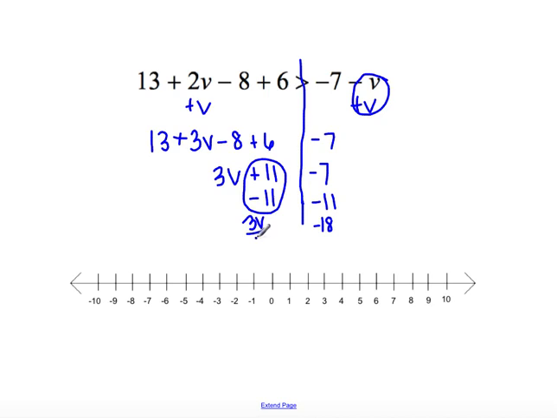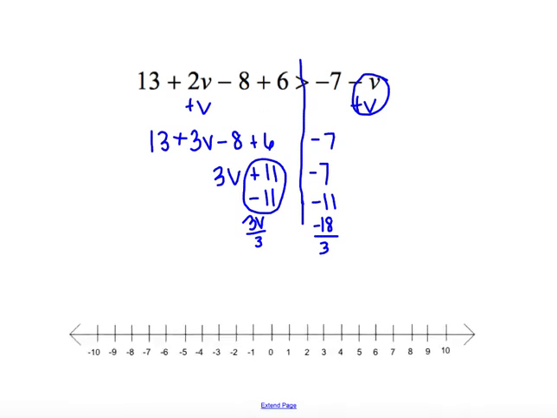And now I need to divide by 3. And I'm left with v is greater than negative 6. And since I wasn't actually dividing by a negative there, I'm keeping the sign the way it was.